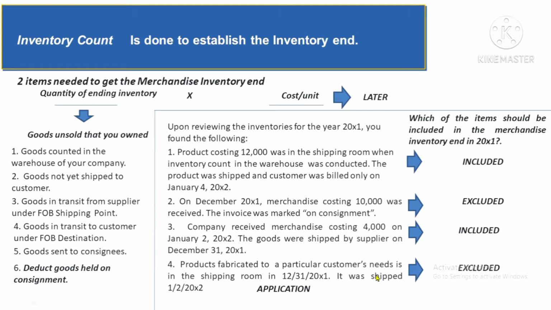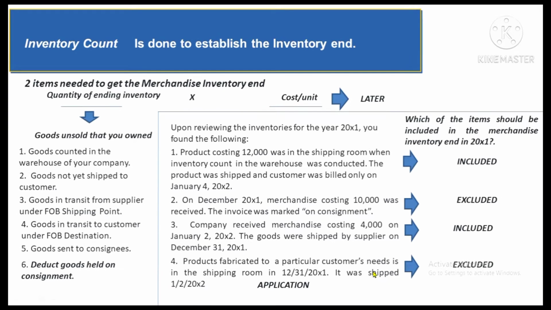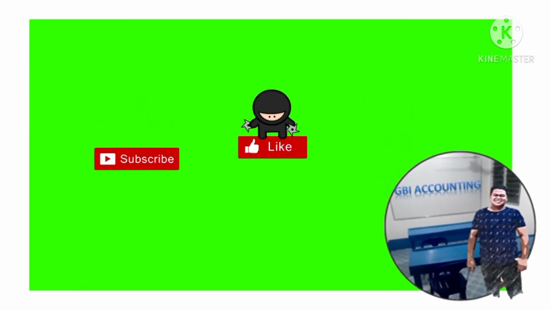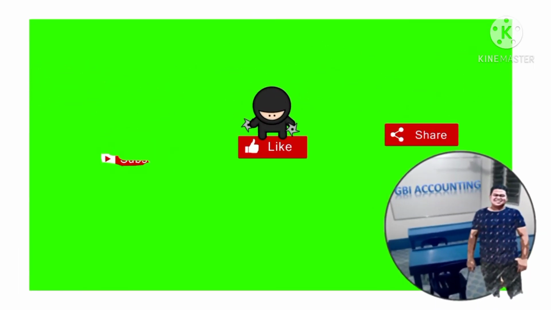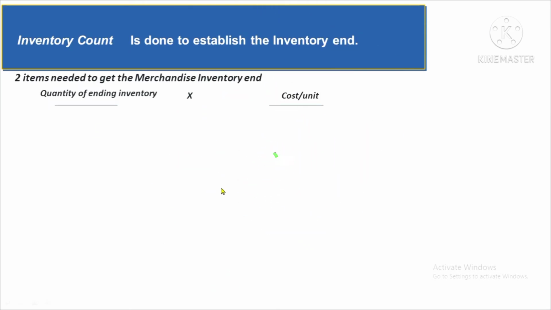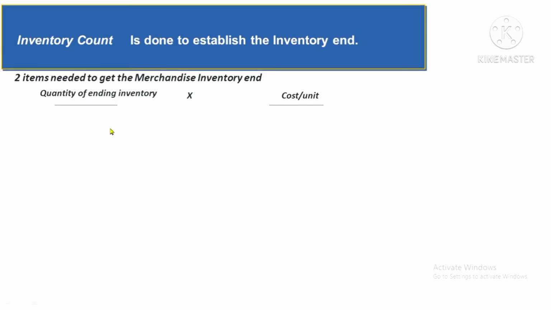Next, we will answer the question, how do we get the cost per unit of the inventories? Again, we need two items to establish the merchandise inventory: the quantity and the cost per unit. The quantity was already finished a while ago, so let's focus on getting the cost per unit.